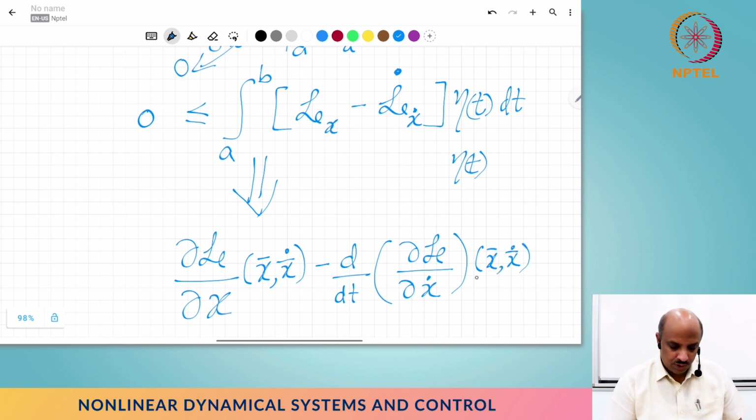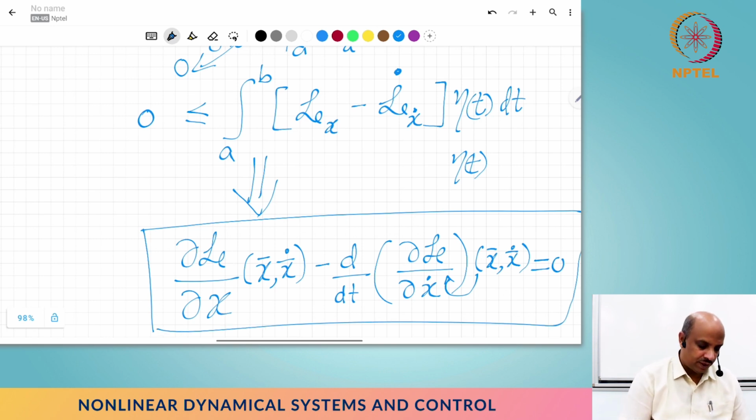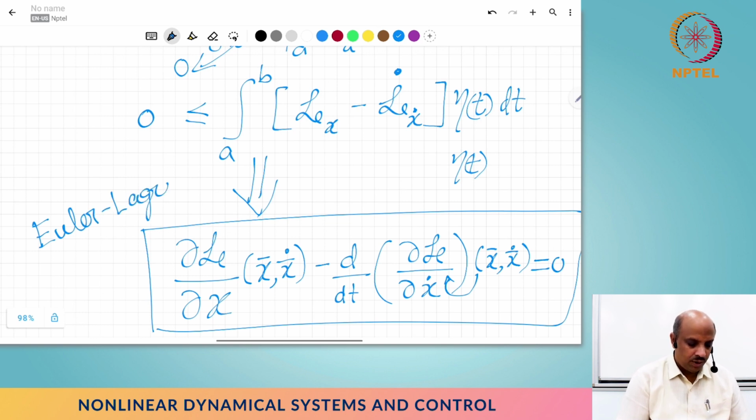So that should go in, and this has to be equal to 0. And this is very famous. It's called the Euler-Lagrange equation.